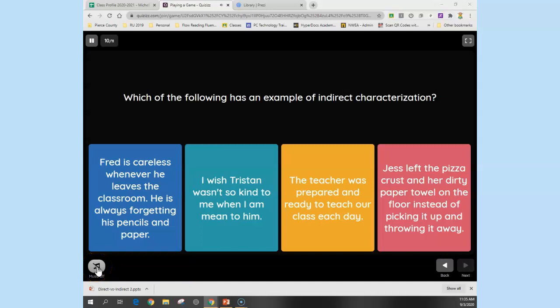Which of the following has an example of indirect characterization? Again, you're looking for the one where you have to decide what the adjective is. It's not directly given to you. We're looking for indirect.